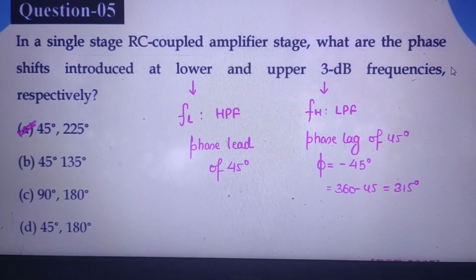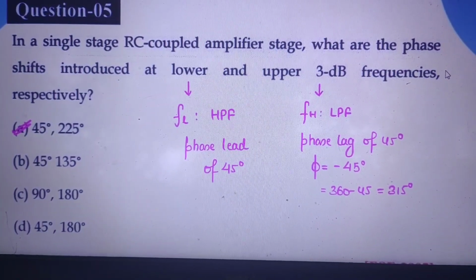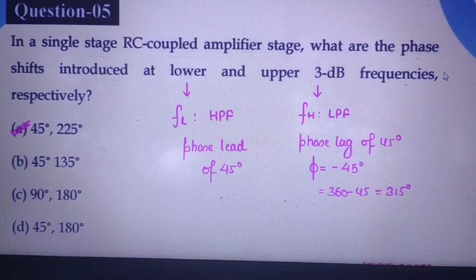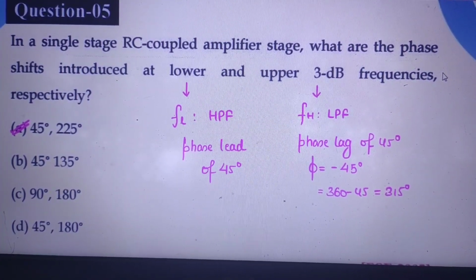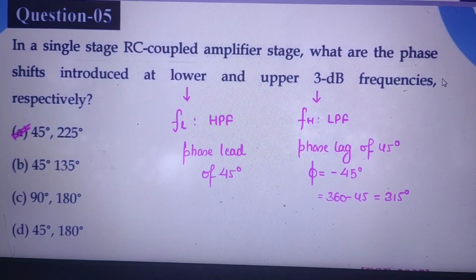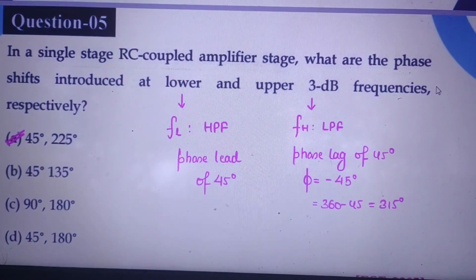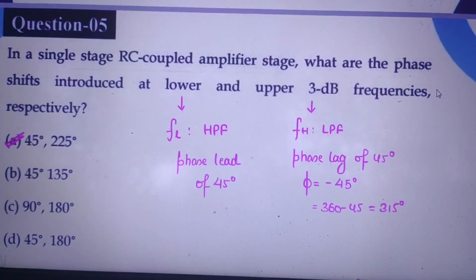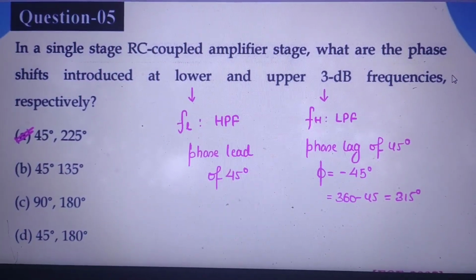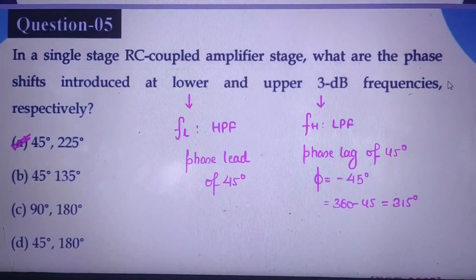An RC coupled amplifier at low frequency acts as a high pass filter, so it will phase lead by 45 degrees, and at high frequency it will act as a low pass filter, so the phase lags 45 degrees, so the angle will be 315 degrees. In the given options 315 degrees is not given, so the nearest option is 225 degrees.